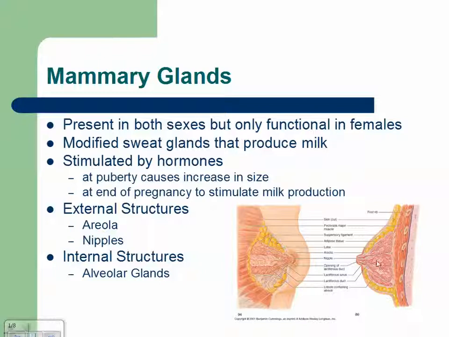So you can see here, and you can see it better in the more clear diagram in your book, that there's lobules here, and they're surrounded by connective tissue and adipose tissue for protection. But the alveolar glands are where the milk's being produced. And then there's lactiferous ducts, you can sort of see them here, that lead out, that carry the milk out when it's time for it to be secreted, lead out through the nipple.